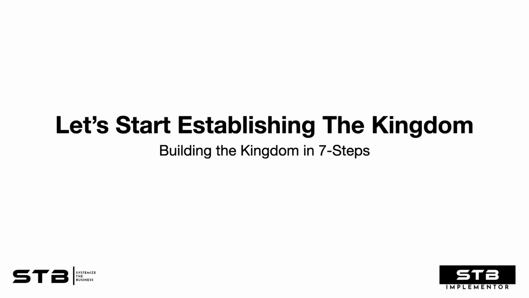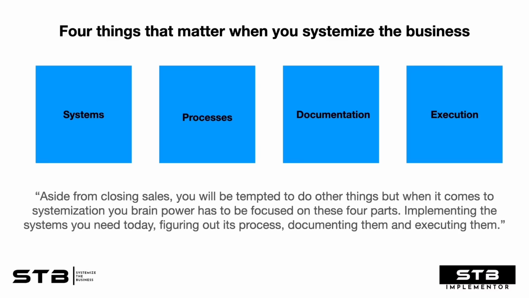So this process will be, again, a 6 to 12 week process, establishing exactly what you need to systemize your business. This is a lean approach, meaning that we will only consider and build systems that you need today, but also make plans for systems that you may need later on. So let's start establishing the kingdom, building the kingdom in 7 steps.